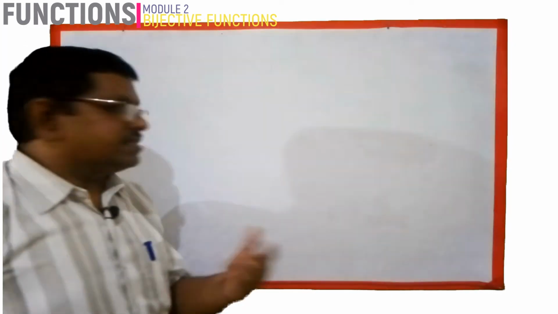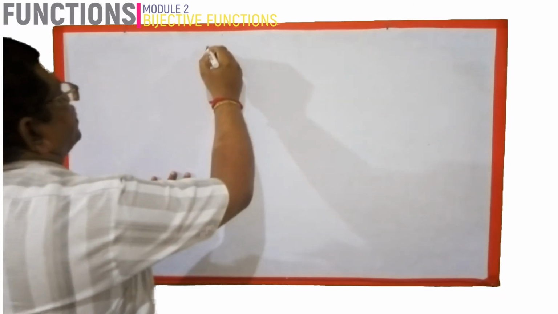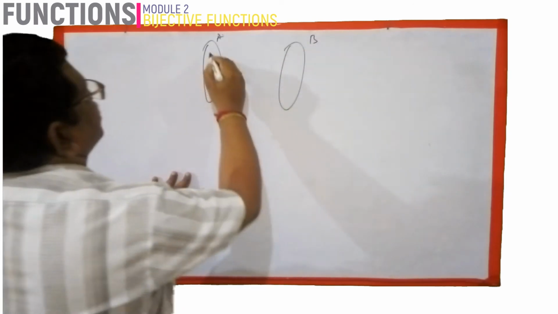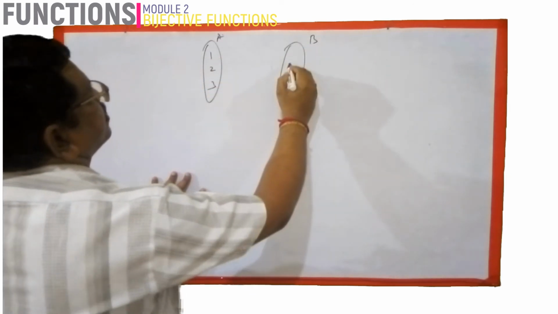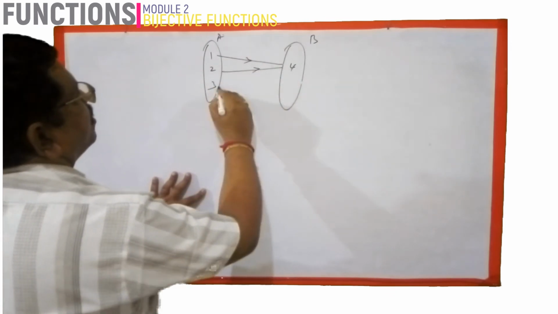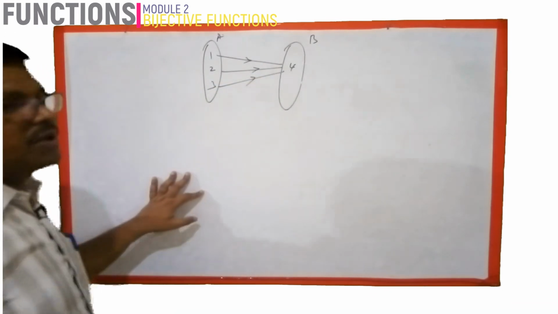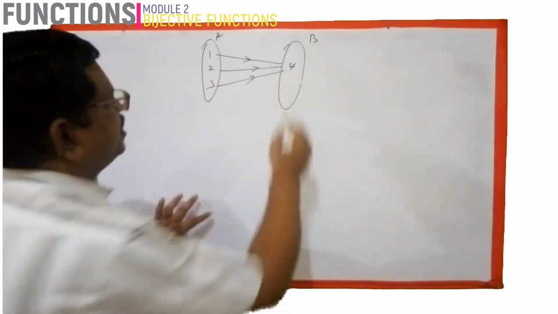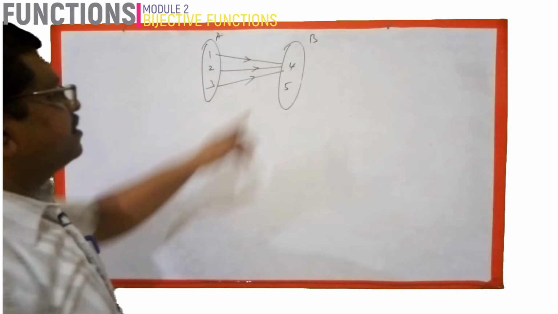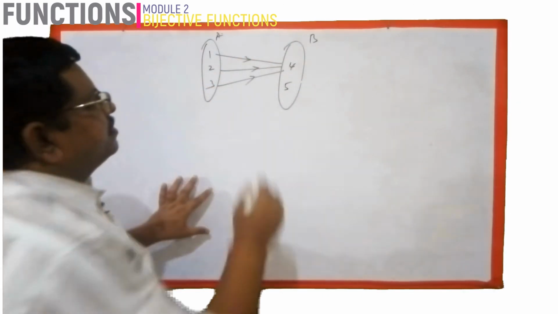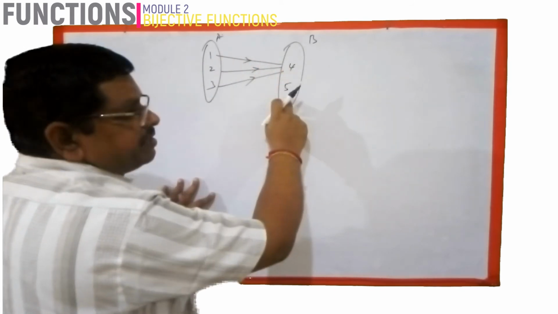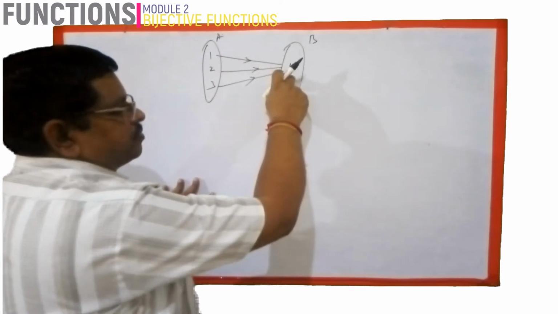Next, let us take one example. Here is one set A, here we have set B, here the elements are 1, 2, 3, here the element is 4. Look here, all these pre-images are having only one single image, 4. Maybe let us take one more element, 5. Here the domain is 1, 2, 3, the codomain is 4, 5, and the range is only 4.